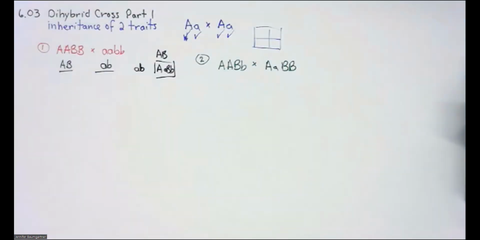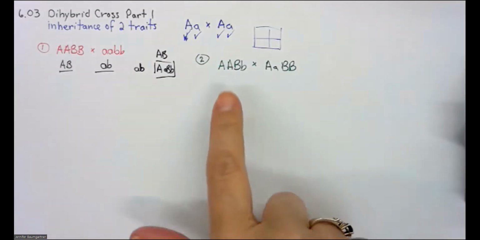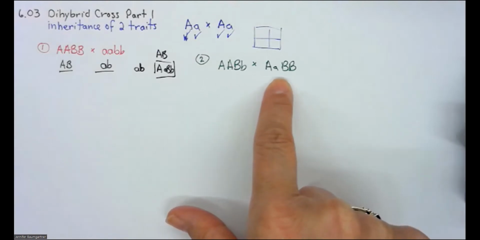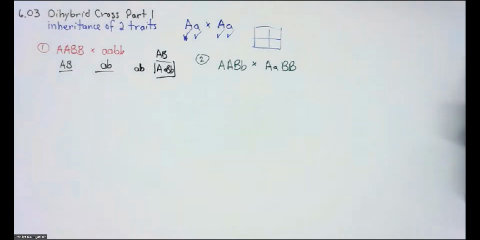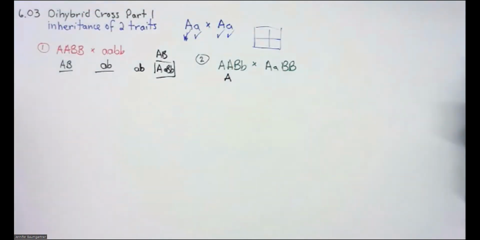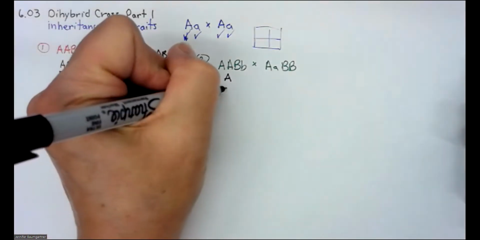Okay, take a second and think, what would be the possible gamete combinations that I could get from mom? And remember, the offspring are going to inherit one A allele from mom and one B allele from mom, and one A allele from dad and one B allele from dad. Pause the video if you need to. Okay, did you say that the only type of A allele mom can give is a capital A?